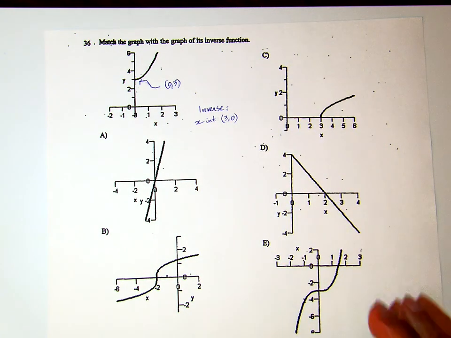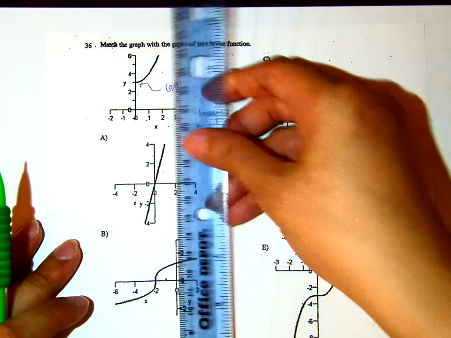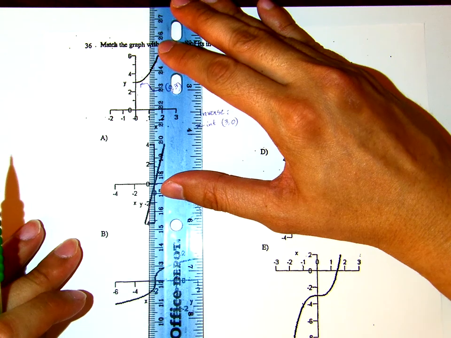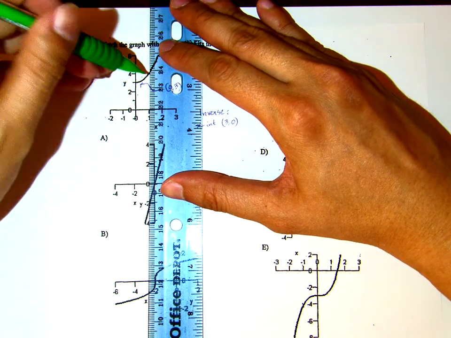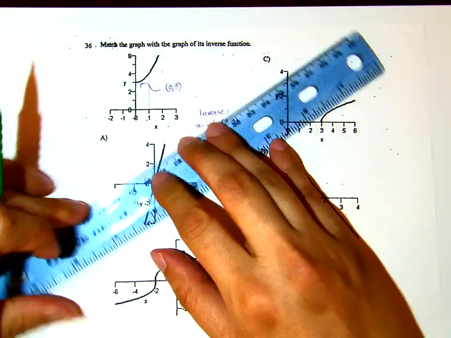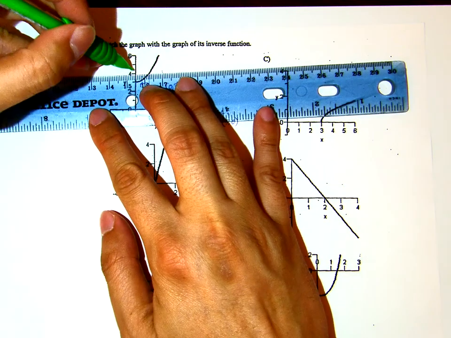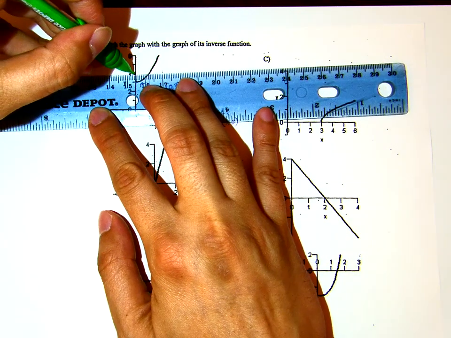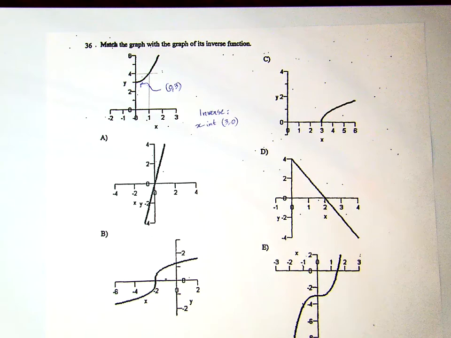But let's go a bit further. Suppose I want to see other coordinates from this original graph. When x equals 1, the y is 4, right?